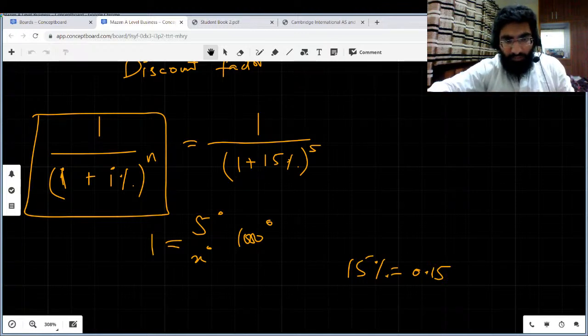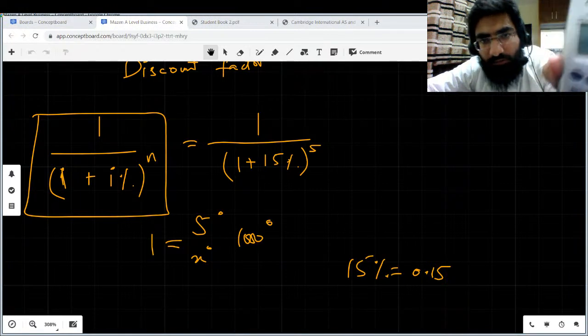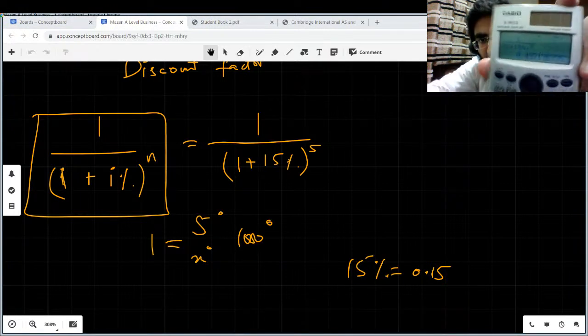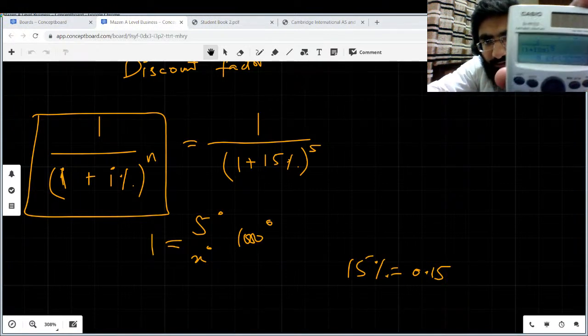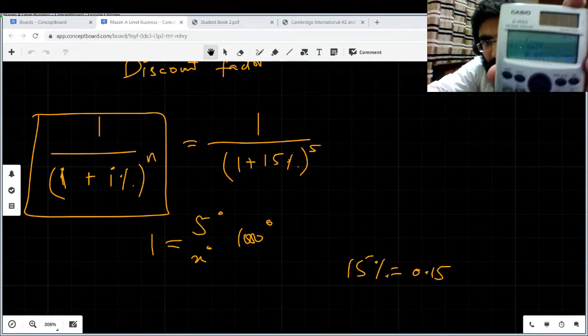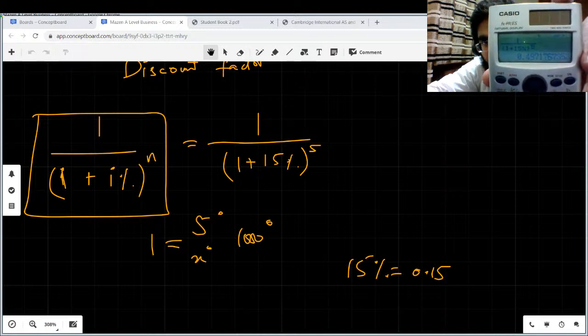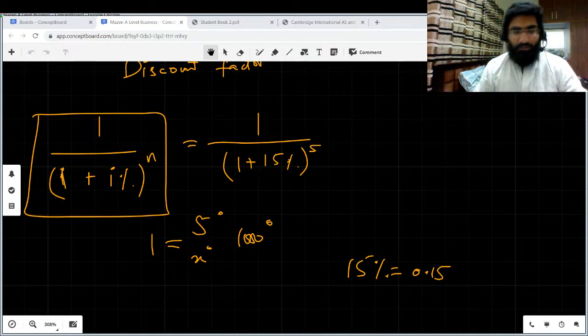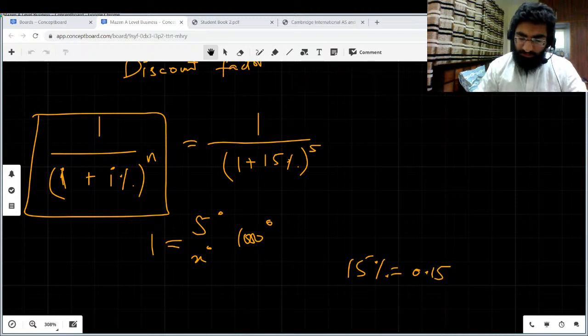This is how you do it. Can you see my calculator? Is it visible? The workings on the calculator, the values on the calculator? No, they are not. So what you do is in your calculator, first you put the fraction button.